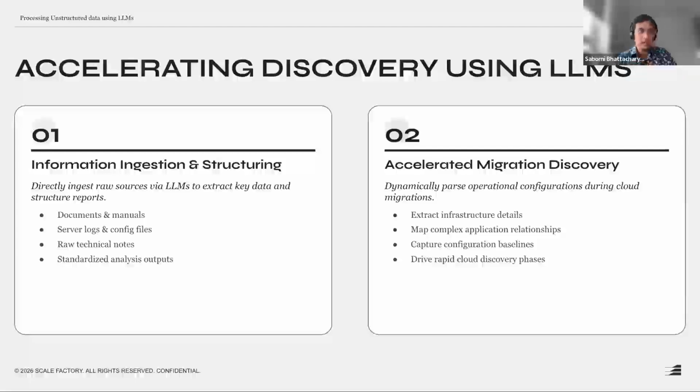Once you have that, with the help of migration discovery, these models are able to understand what infrastructure you currently have in your environment and how each of these applications relates to the others. So it removes the heavy lifting that you as a human being try to do in any kind of assessment before migration, in any discovery phase. It does that for you.